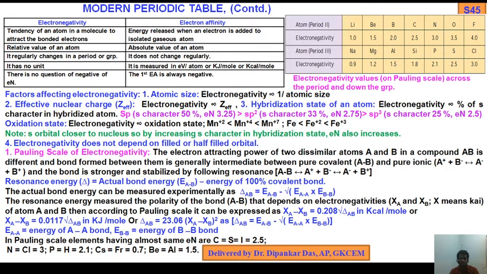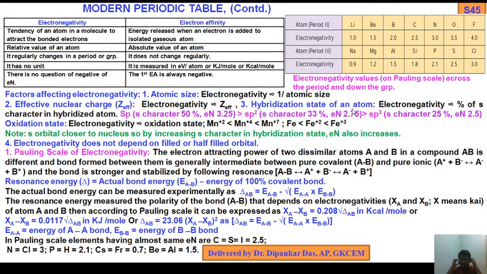Why does size decrease? Same explanation: effective nuclear charge increases, so size decreases. Again, electronegativity is directly proportional to effective nuclear charge. If effective nuclear charge increases, electronegativity also increases.